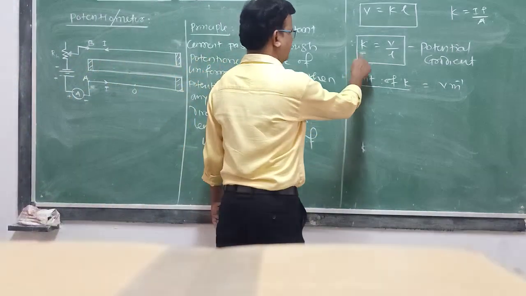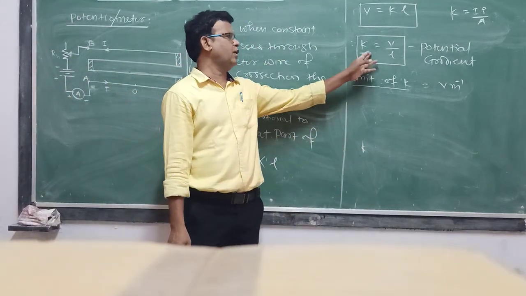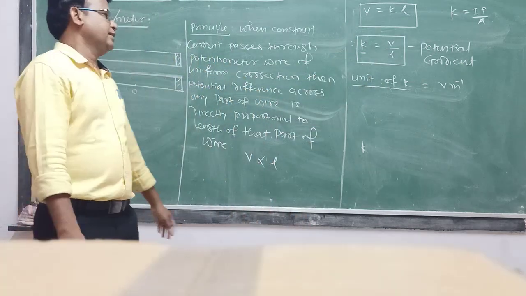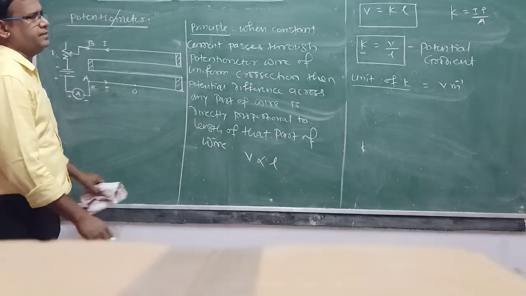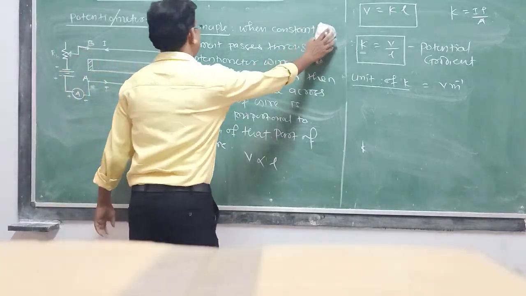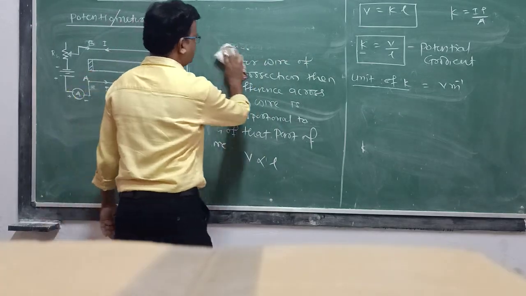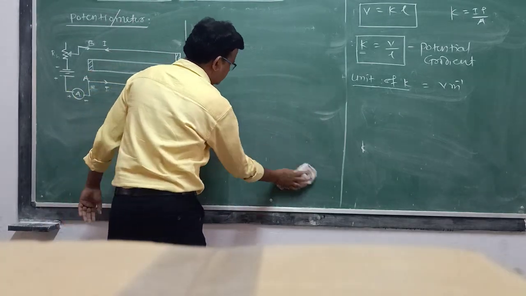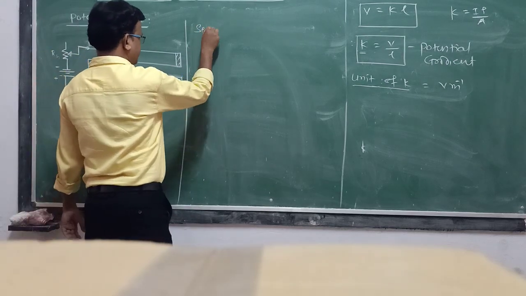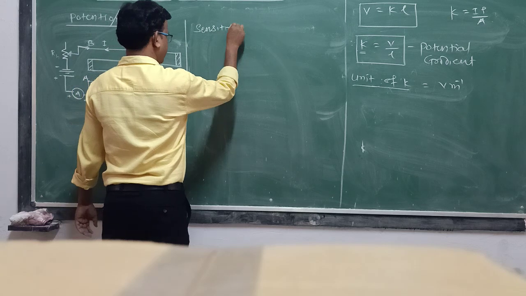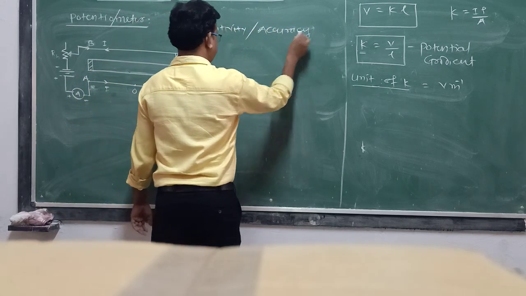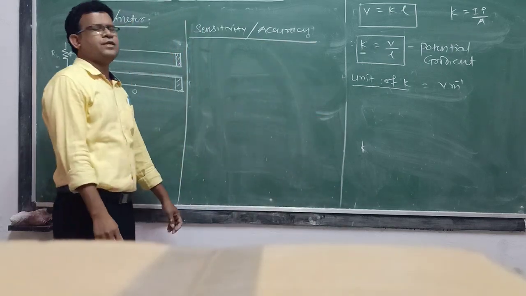No doubt, K is also a scalar quantity. Now K can be taken simply as what? It is like the least count of the potentiometer. Now as we learn, if the least count is very small, then accuracy in the measurement is good. Sensitivity of the device is also good. So when we say that the potentiometer is more accurate and more sensitive, the sensitivity or accuracy depends on what?